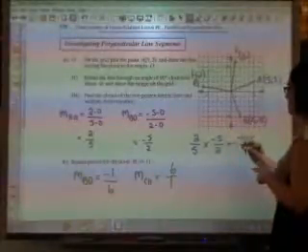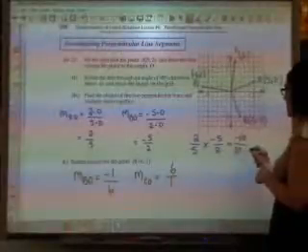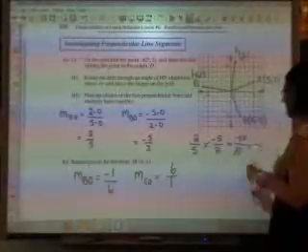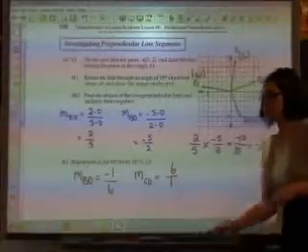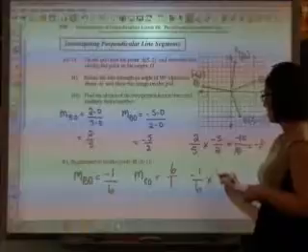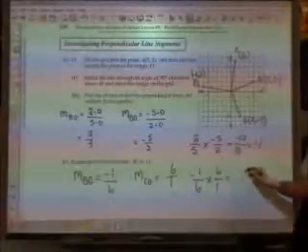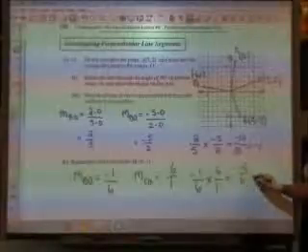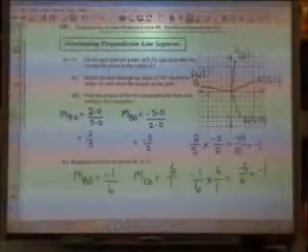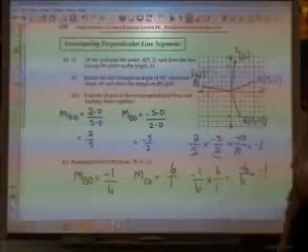Negative 10. 5 times 2? Negative 10 divided by 10? You're multiplying by the inverse. Not inverse, we don't call it an inverse. Reciprocal. Good.